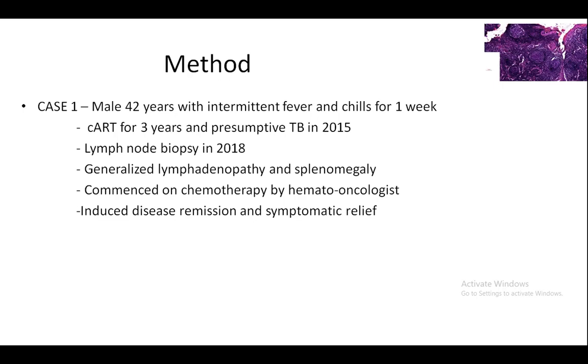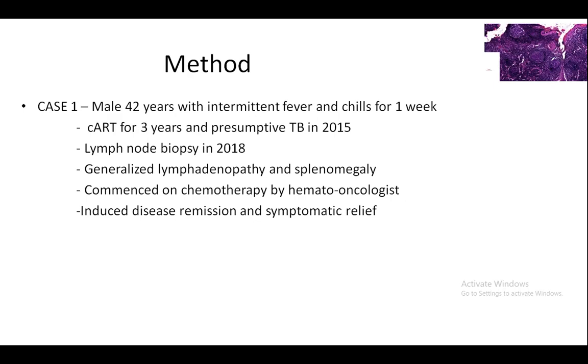The first one was a male, 42 years, who had a long-standing history of intermittent fever and chills, but at the time of presentation, he said that he just had these symptoms for a week. He's been on ARVs for 3 years and is said to be compliant, and he was treated for presumptive tuberculosis in 2015 based on the lymph nodes he had.